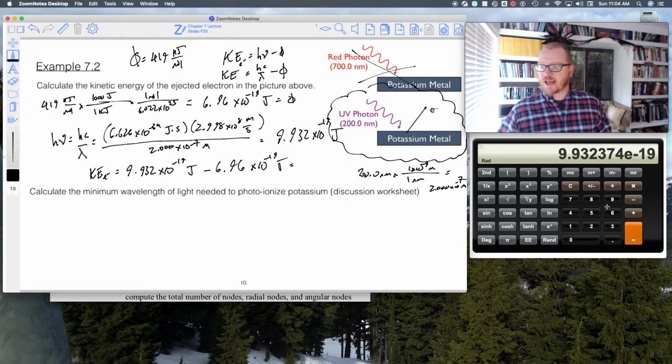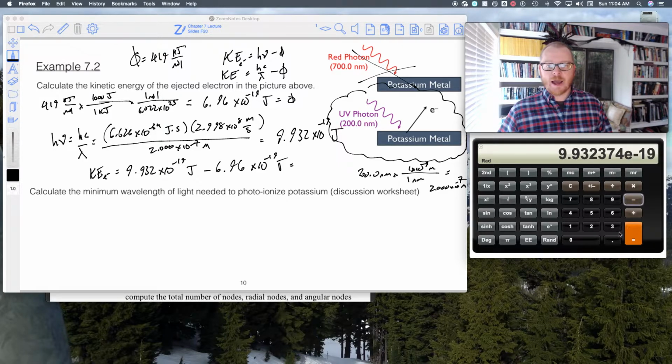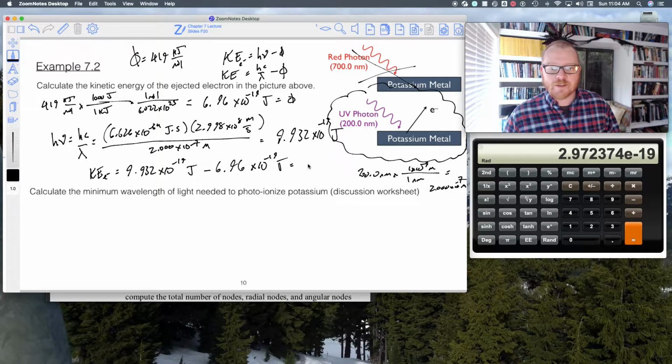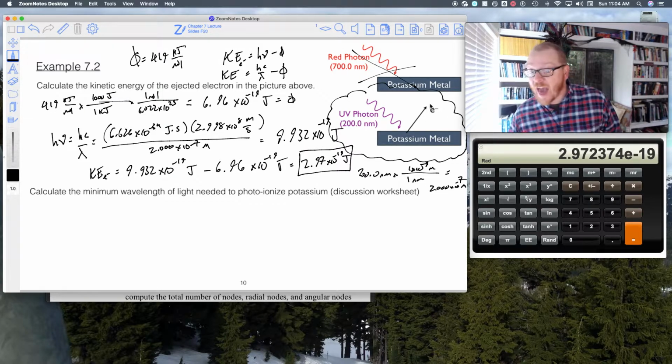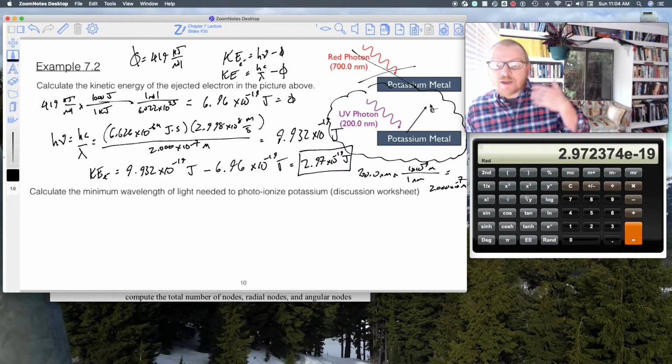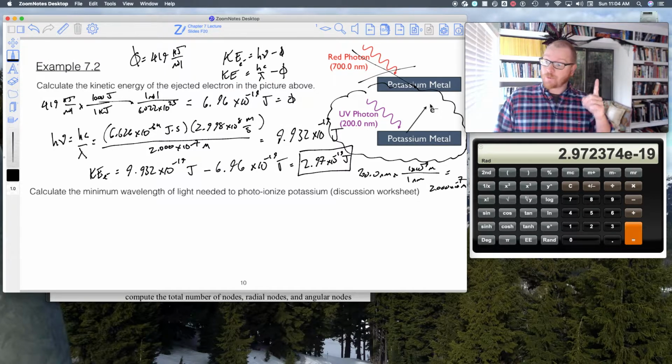I'll leave this in the calculator here and just say minus 6.96 E minus 19, and yep, I get, with 3 sig figs now because of my work function, 2.97 times 10 to the minus 19 joules would be the kinetic energy of that ejected electron. And it's a tiny number because it's one single electron we're talking about, right?